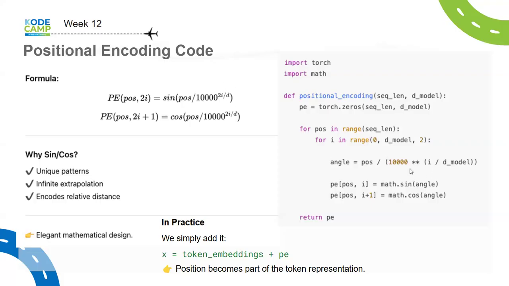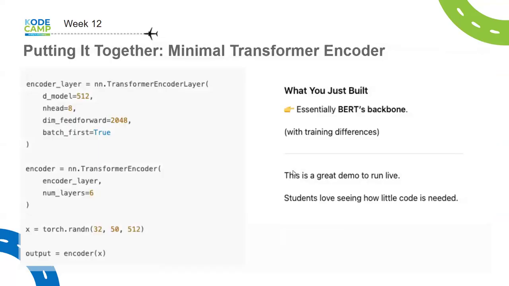That's d_model. So now you calculate the angle. For position i, you use the sine. For position i plus 1, we use the cosine. And that will basically include all of the tokens based on their position in the sequence.